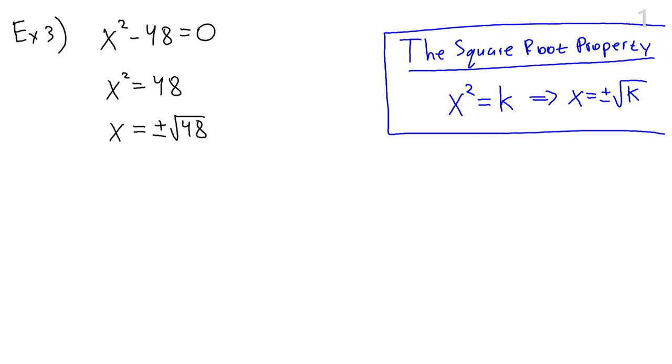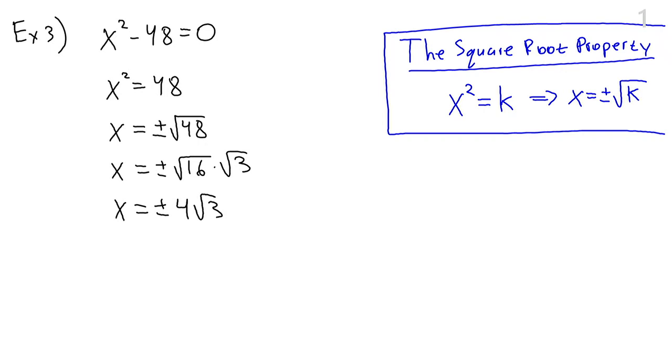Now, these are two solutions, plus radical 48 and minus radical 48. However, radical 48 is not in its most simplified form, so we can simplify our answer further by using the product property of radicals. And this is going to be plus or minus 4 radical 3.